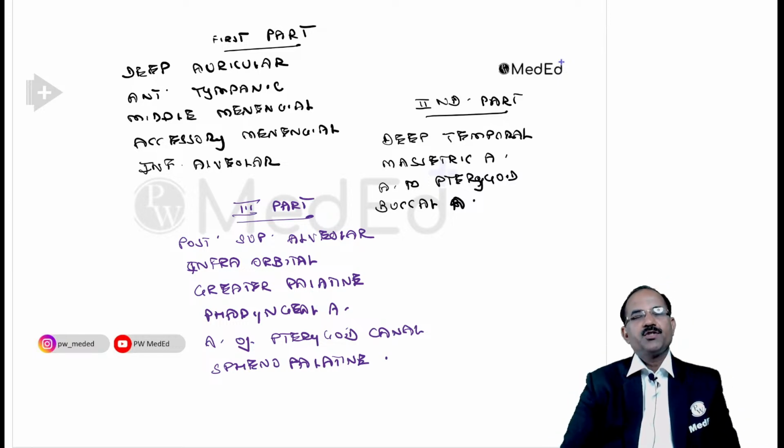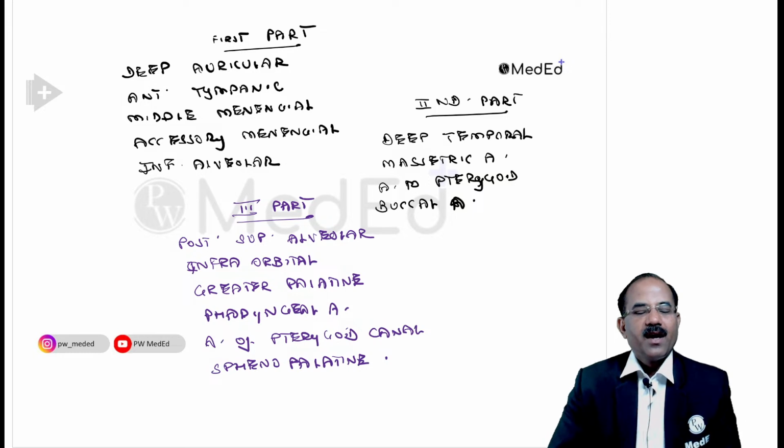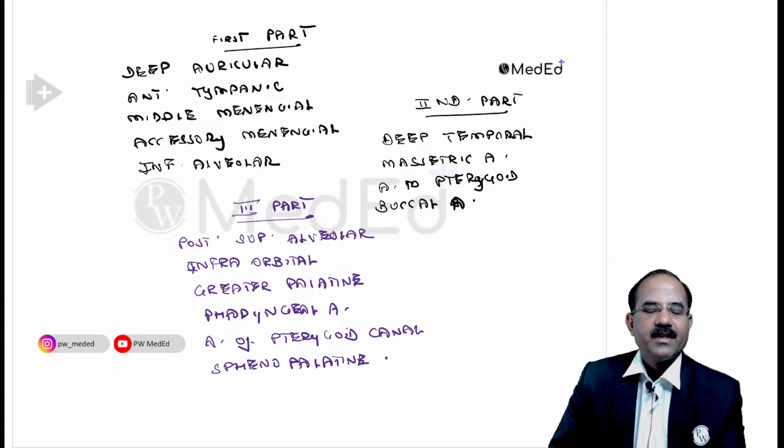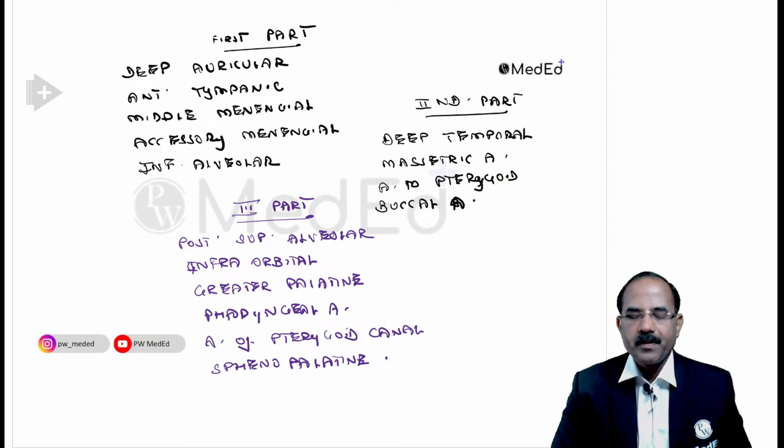So posterior superior alveolar, infraorbital, greater palatine, pharyngeal artery, artery of the pterygoid canal, and the sphenopalatine. These are the branches of the third part of the maxillary.